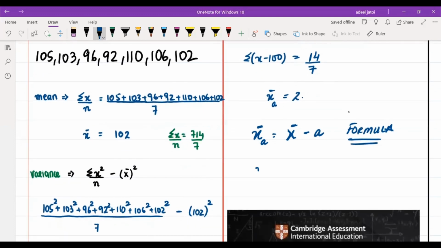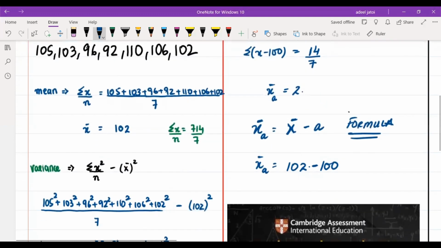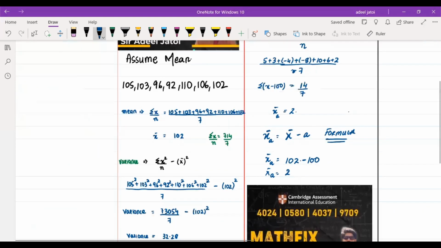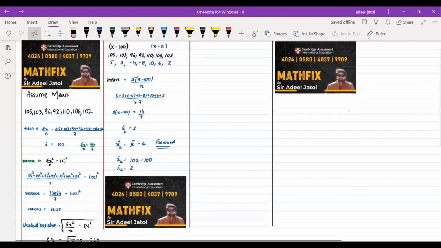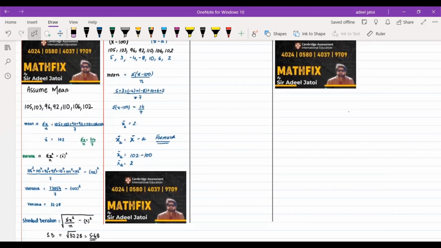You need to understand, if I want to calculate the assumed mean, it will be 102, because this was your normal mean, minus 100, that was your value of A. So your assumed mean is 2. Whenever you need to calculate it, you can use this formula.